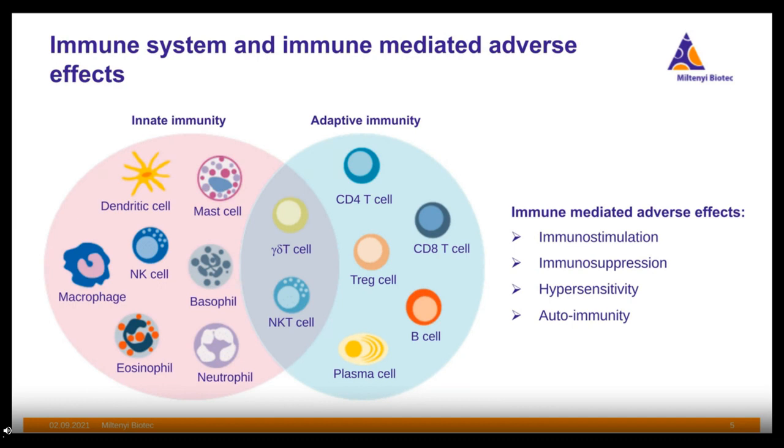There are also effects like immunosuppression, which includes infectious complications as well as virus-associated neoplasia, mainly observed in immunocompromised patients. Immune-mediated allergic reactions can also be observed. Although rather rare, systemic autoimmune responses can appear as an adverse effect from immunomodulatory drugs.